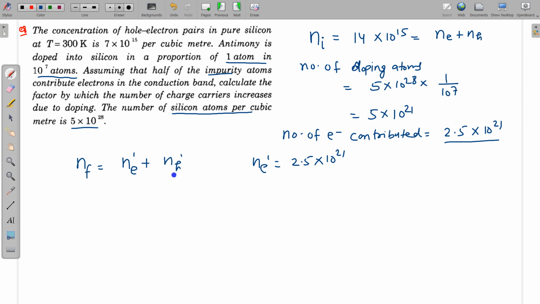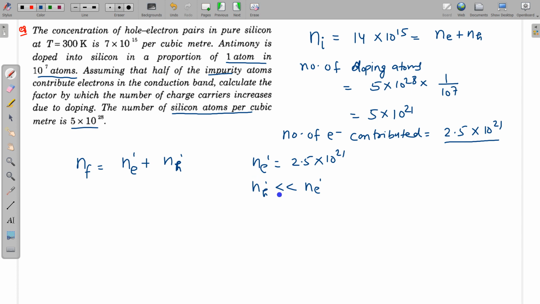And in this situation the number of holes is decreased also, and this number of holes is much less than the number of electrons, because as electrons are increasing, there is a chance of recombination, and this chance of recombination is increased too much now.